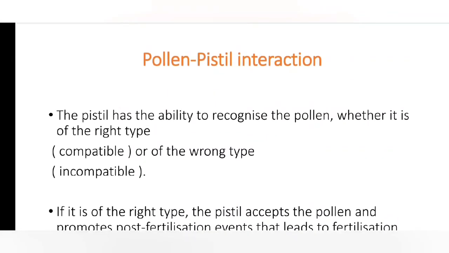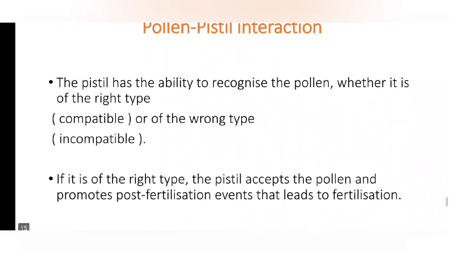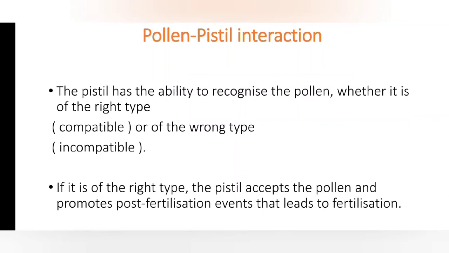Then pollen-pistil interaction. The pistil has the ability to recognize the pollen whether it is of the right type, that is compatible, or of the wrong type, incompatible. So the pistil has the capacity to recognize whether the pollen is suitable for it or not.